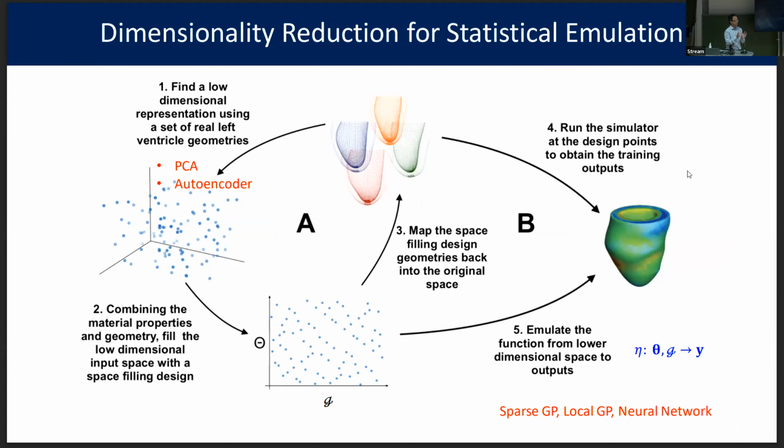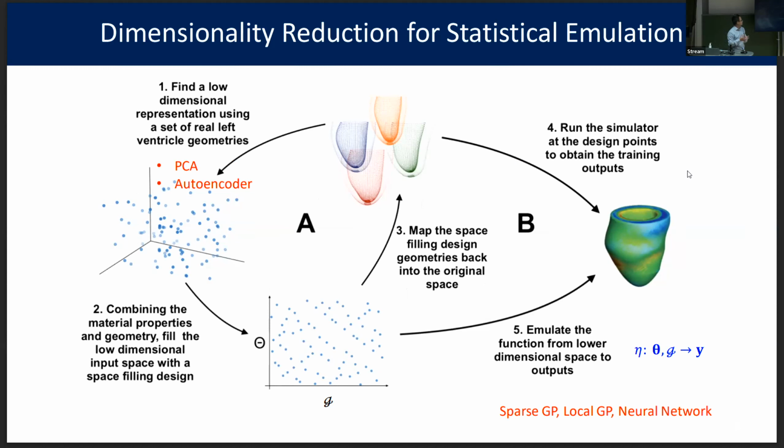So what we need to do is reconstruct a big dataset of the geometry. In the first step, we find a low-dimensional representation of the real geometries. Here we use principal component analysis, and we also applied autoencoders from neural networks.